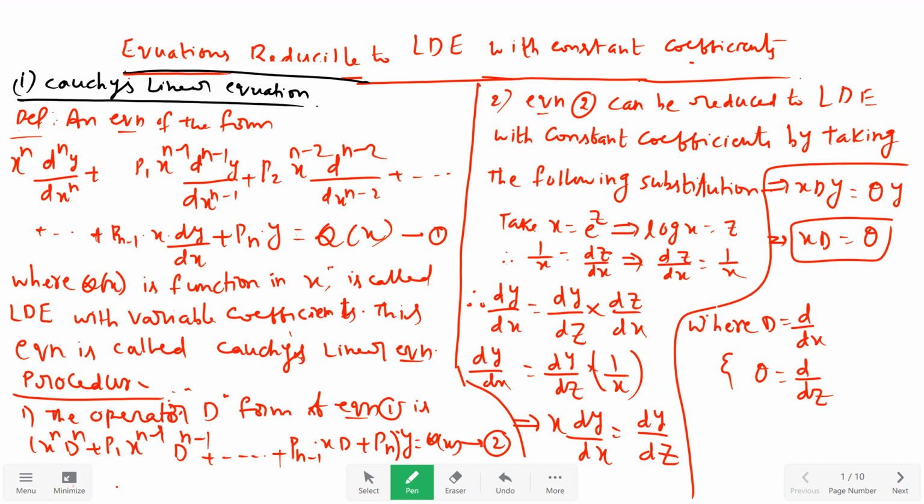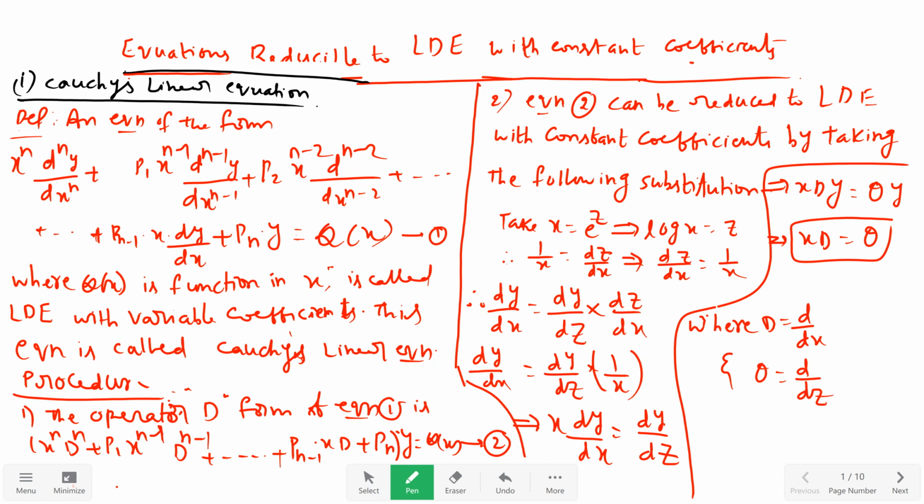That means here, the linear differential equation with variable coefficients is reduced to a linear differential equation with constant coefficients. Now, as per syllabus, one is Cauchy's linear equation.